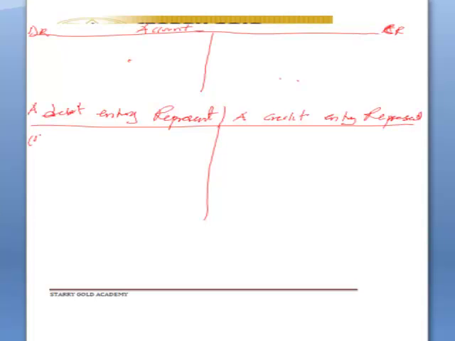Let's deal with it one by one. A debit entry indicates, one, an increase in the value of assets.